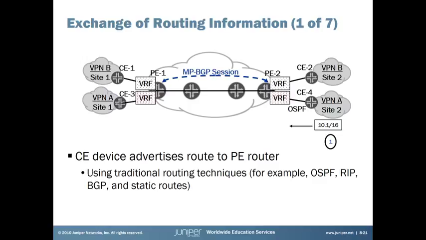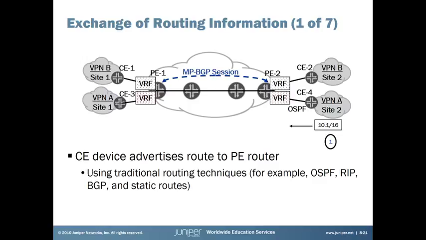The main point is the route arrives at the PE. So the PE becomes aware of this route, and because the interface that is attached to the CE is part of the VRF routing instance, that becomes a directly connected route in that particular VRF routing instance, because that interface belongs to that VRF.